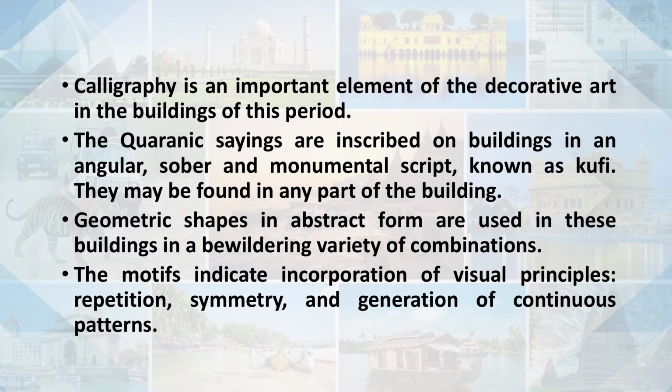Geometric shapes in abstract form are used in these buildings in a bewildering variety of combinations. The motifs indicate incorporation of visual principles, repetition, and generation of continuous patterns. Of the foliations, the dominant form of decoration employed is the arabesque.